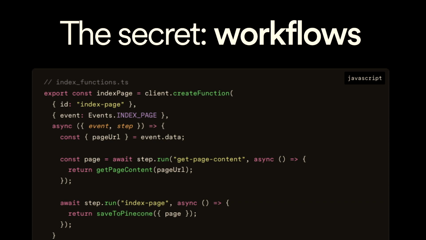And the answer is workflows, which are essentially step functions. This is an example of said workflow. If you ignore some of the stuff over here with this setup, you can see that there's step.run to get a page content, and then there's step.indexPage to save to Pinecone or Neon, because pgvector is great and you shouldn't use two databases.